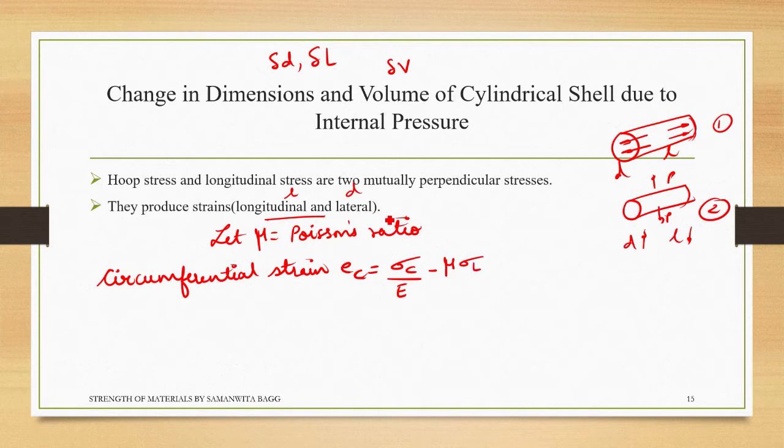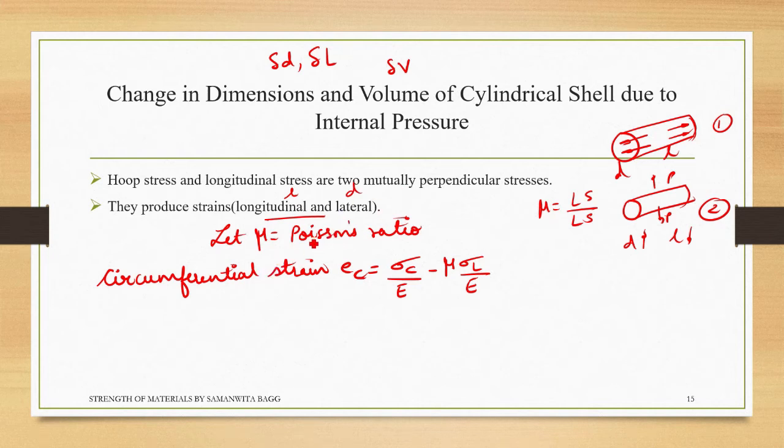It is mu into sigma L upon E, because this becomes the lateral direction, and we know that mu is the ratio of lateral strain to longitudinal strain. So here lateral will be sigma L and longitudinal will be sigma C. This is the formula we are going to use. You can refer back to the chapter on uniaxial, biaxial and triaxial loading to get a clear picture of this formula.